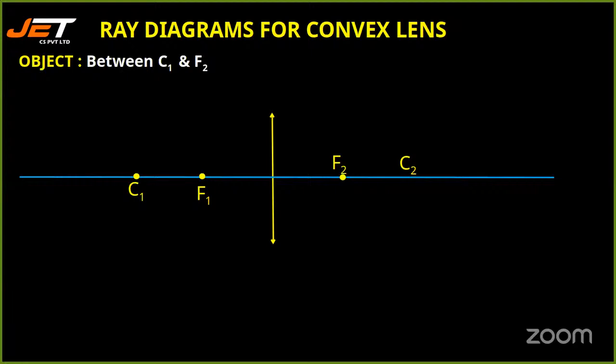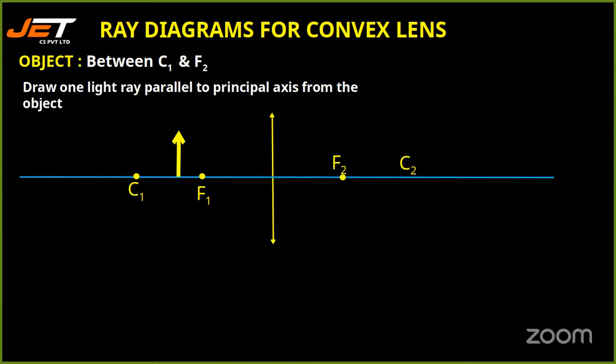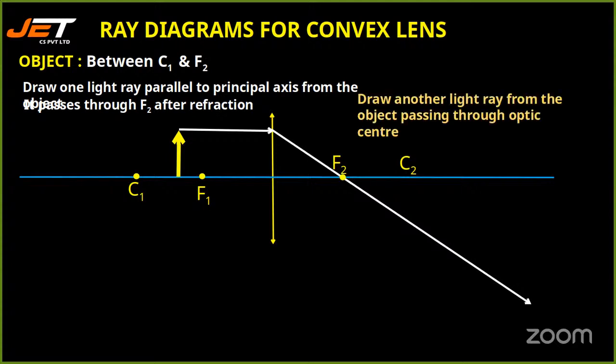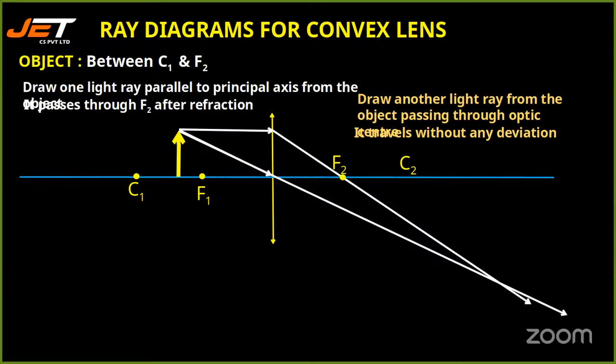Now let's say there is an object between C1 and F1, and one light ray will be parallel to the principal axis, like we have seen, and it passes through F2 after refraction. Then there is another light ray that is passing through the optical center, and it goes undeviated, and it will meet at a point beyond C2. Where both light rays meet, the image will be formed.